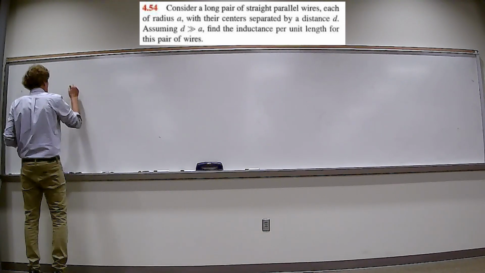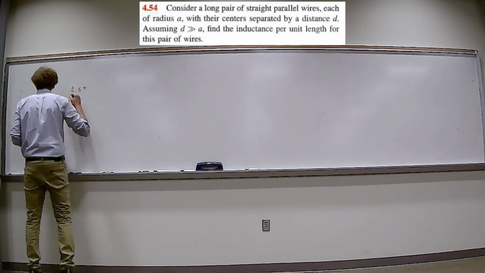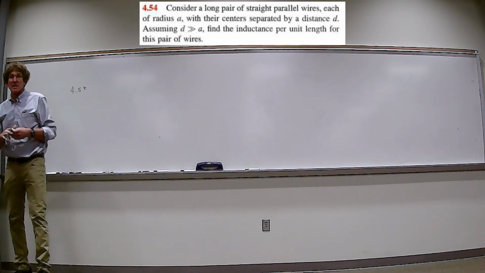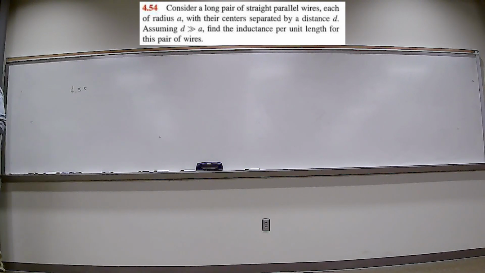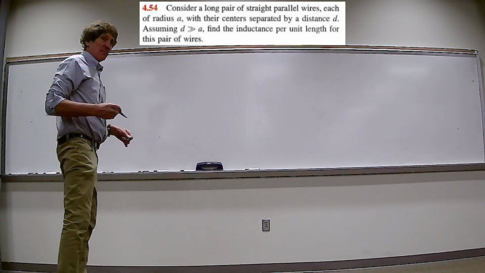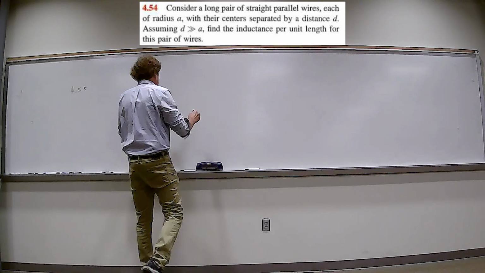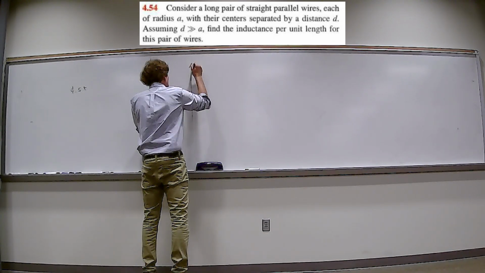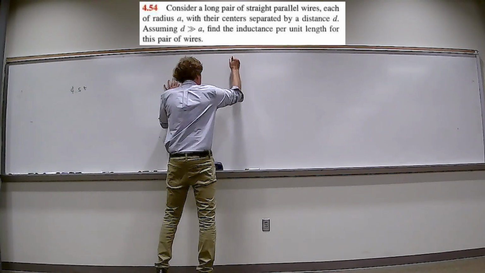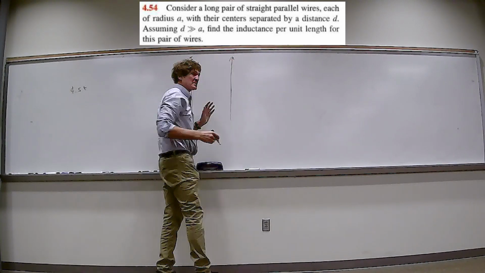What is that, this one? Can you tell me? Okay. There's two parallel wires. So you got an infinite wire with a current I, and we're going to assume another infinite wire. Do they have a radius or not?